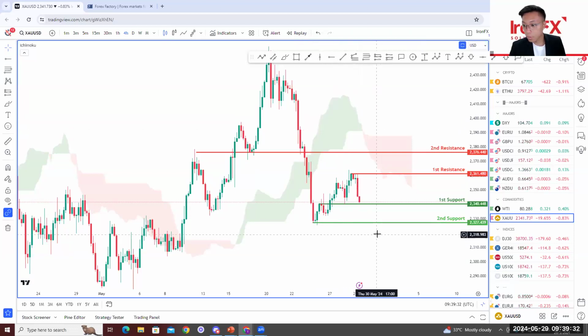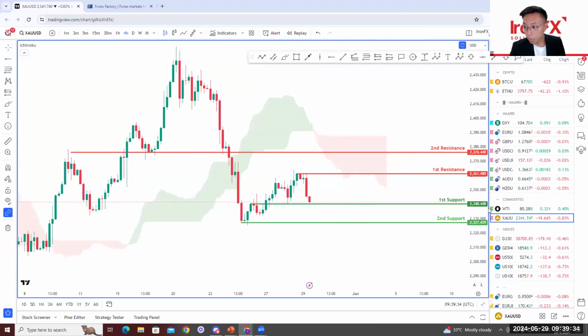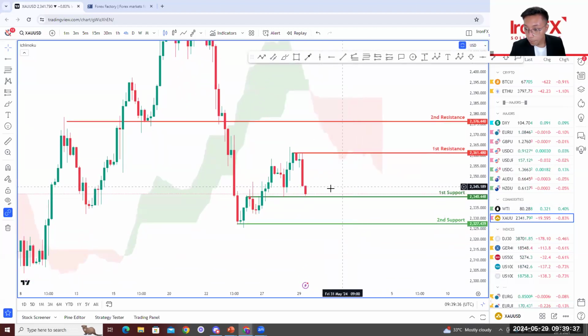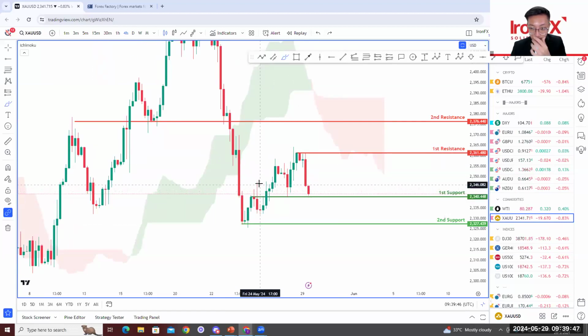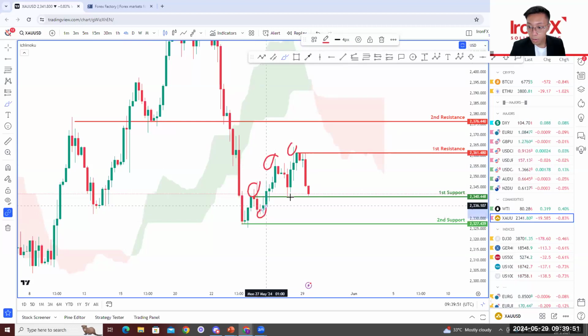So this level, I would say for gold, if price doesn't break this level of support right here, we are good for buys. Because why? We can see that price has started to create higher highs and higher lows. But we don't want price to break this low over here.